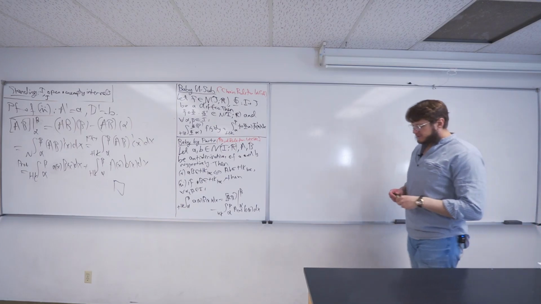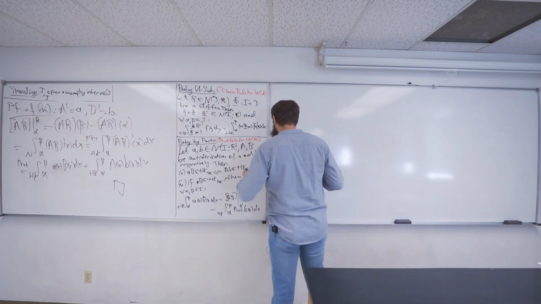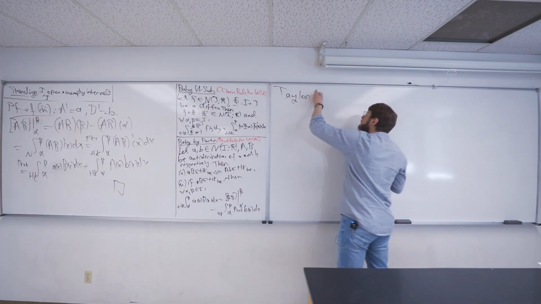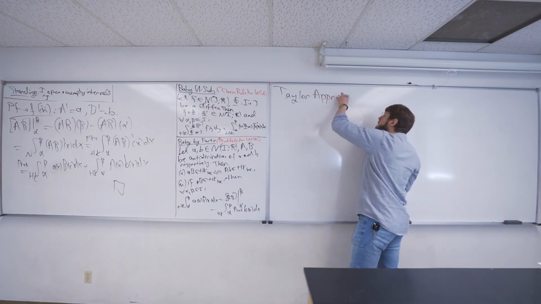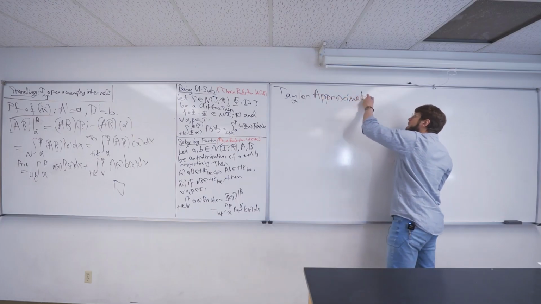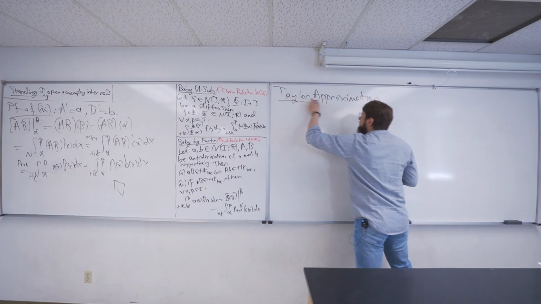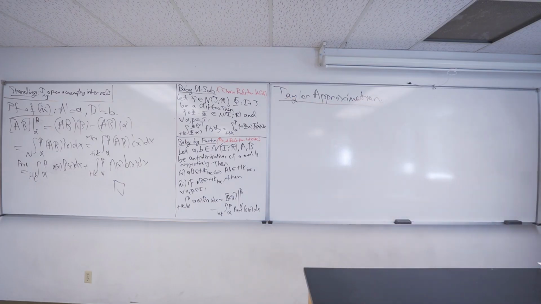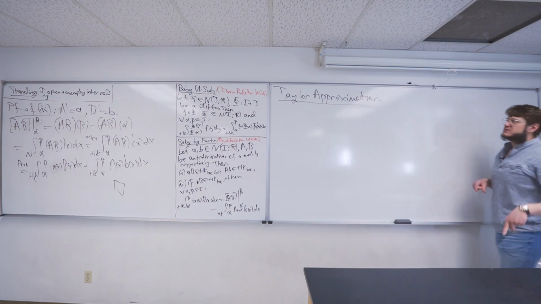Okay. Now I want to transition to Taylor approximation. If you look at the textbook, this is the last topic in the textbook, but I think it's kind of backwards.